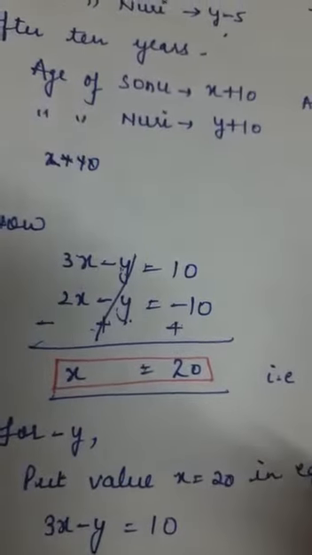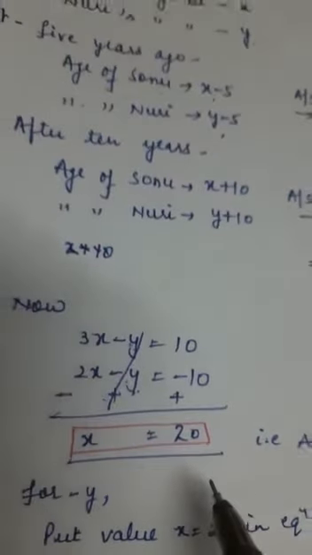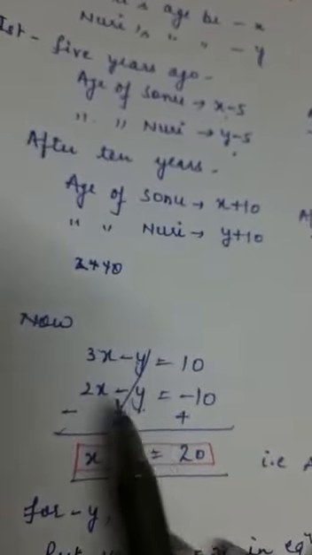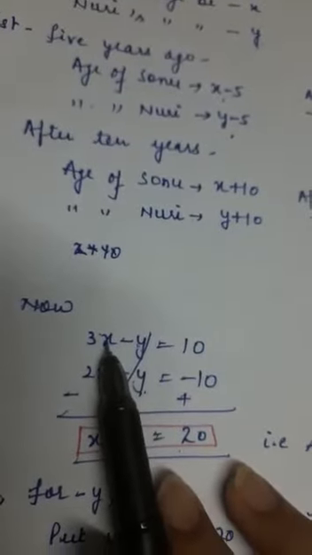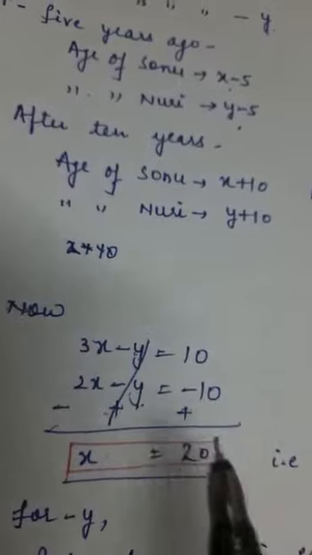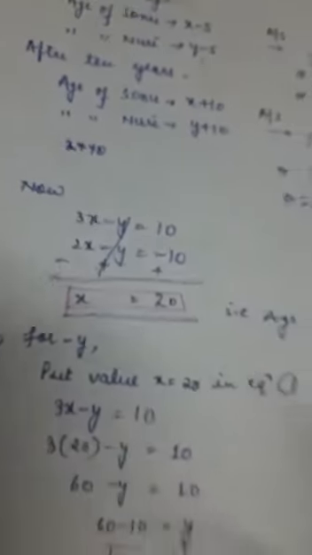You got one value. Now for the value of y, what can you do? You can put your value of x in any of the equations, either this equation or this equation, and you will get the value of y. Now just see.